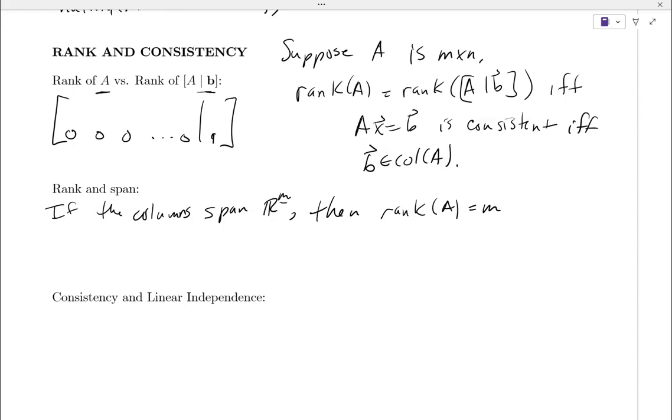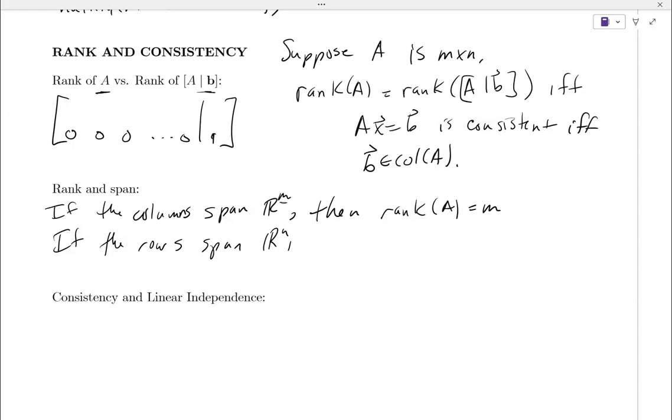Okay. Let's go the other way. If the rows span Rn, what would we need? Well, let's think about it the other way. If I'm checking span, I make a matrix and take the vectors and make them into columns. So if I want to check if the rows span Rn, I would need to take the rows and make them into columns.